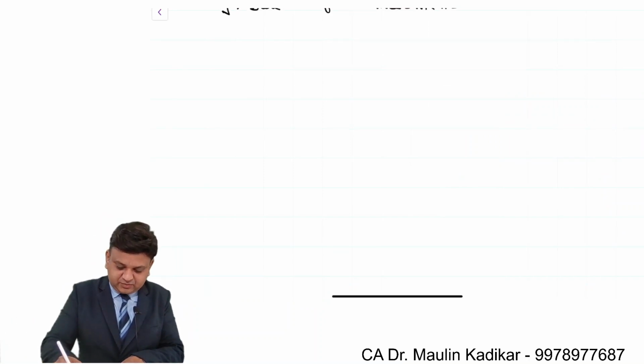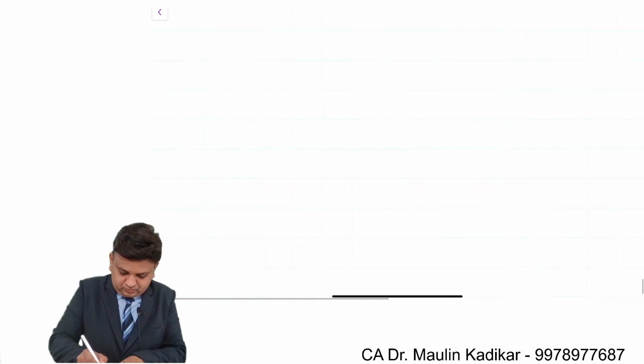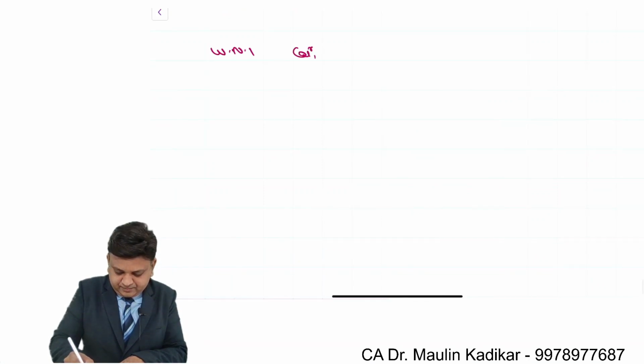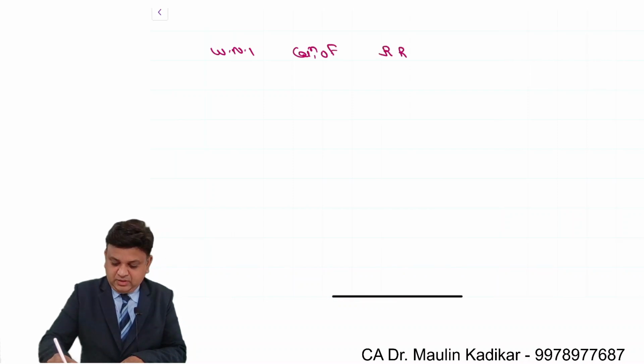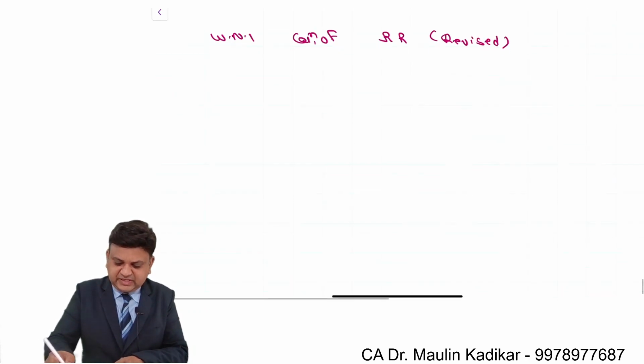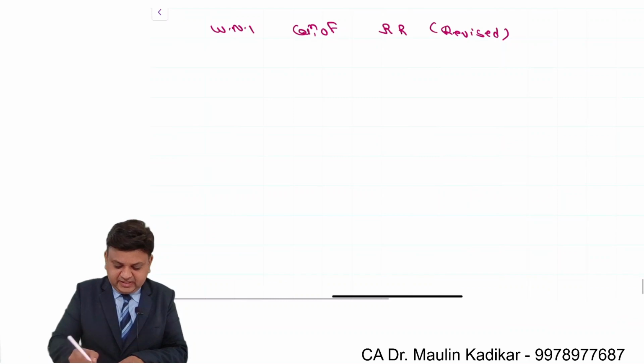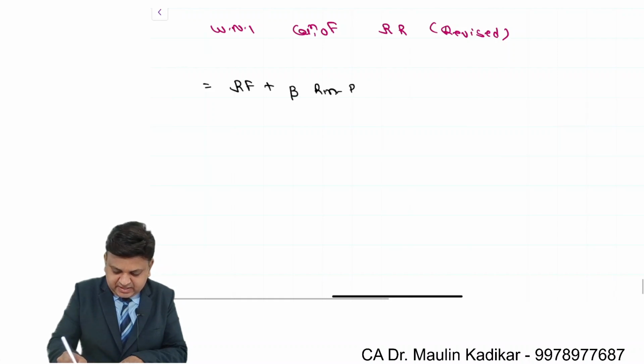So please write an answer to the question. Working note number 1, calculation of required rate of return, in bracket I am writing revised, because that we can compute easily, 12.99%. RF plus beta into RM minus RF.